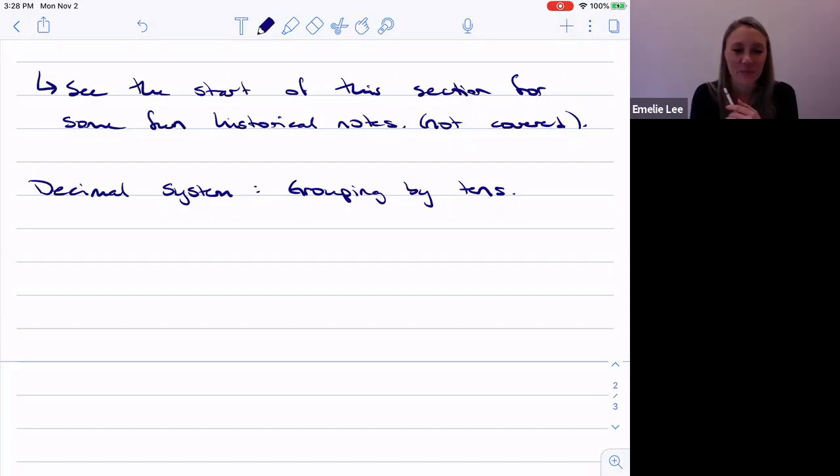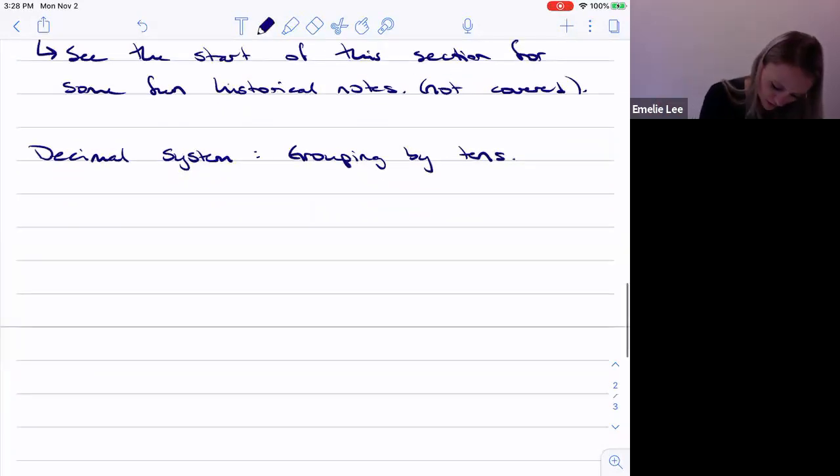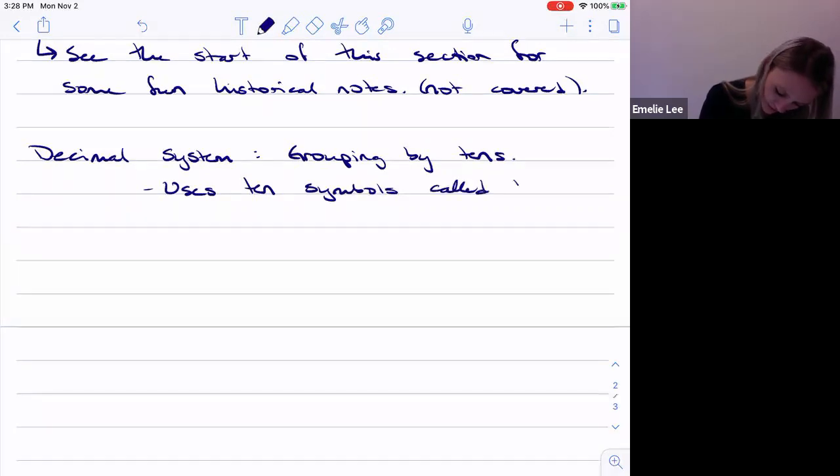And then we'll apply it to different bases, but it's going to be the same kind of methodology that we're going to use. So the decimal system uses 10 symbols called digits. An important word is 10. 10 symbols called digits.